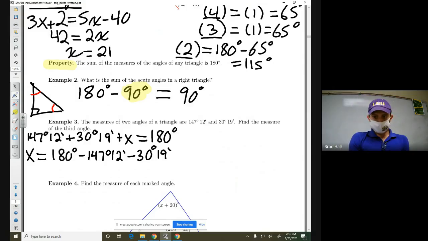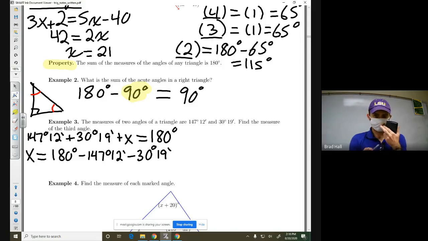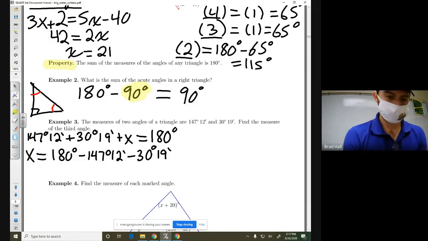But 180, and you don't have to put the degree symbol, actually, let's be safe. So 180, and I'm putting the degree symbol, just to be safe, minus 147 degrees, 12 minutes, minus 30 degrees, 19 minutes. And if you didn't do it correctly, I implore you to figure it out on your own and then ask me.